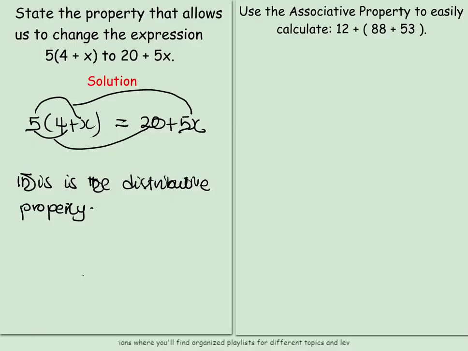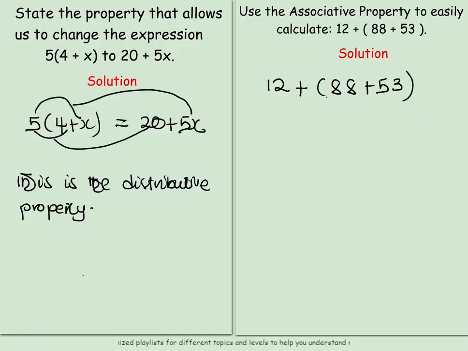Okay, so the next one says we have to use the associative property to easily calculate 12 plus into bracket 88 plus 53. Now, how do we use the associative property? What we want to evaluate is 12 plus into bracket your 88, then plus 53. Associative property is all about your groupings.